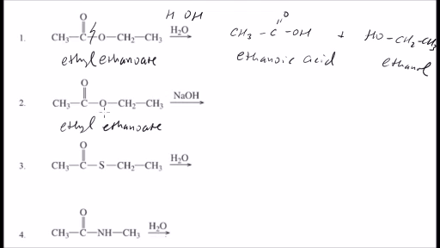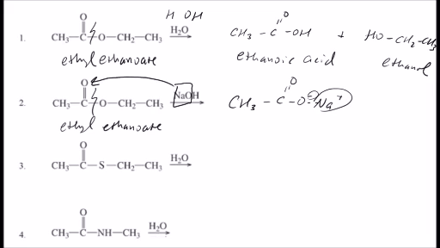So we're going to have a base hydrolysis here of the same ethyl ethanoate, and instead of an ethanoic acid, we're going to have the sodium salt. So the sodium and the oxygen are going to add to the carbonyl side, and you're going to form one of those soap molecules, one of those detergent molecules right here.